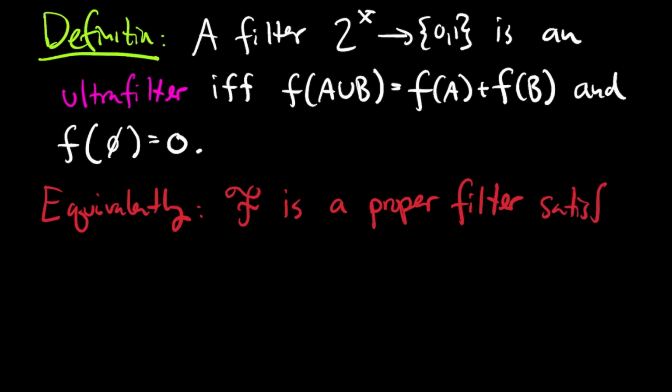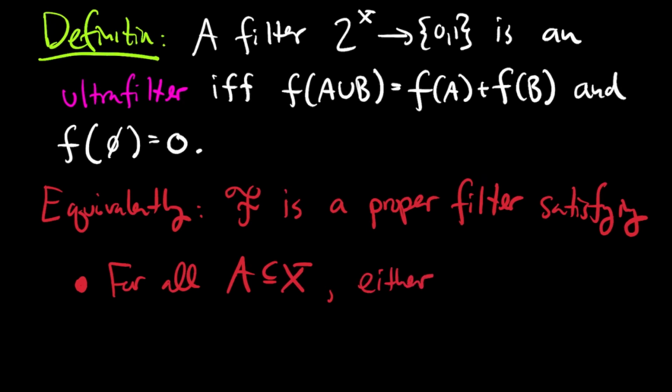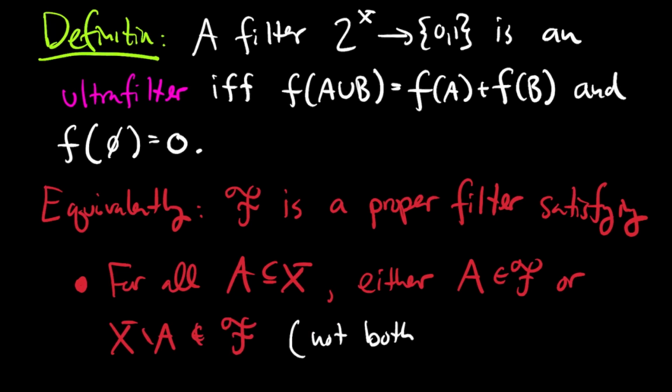If you break down what this means for the collection of subsets of X, it means that it's a proper filter, and satisfies the property that for any set A, either A is in the filter or its complement is in the filter, and not both, or it wouldn't be proper.